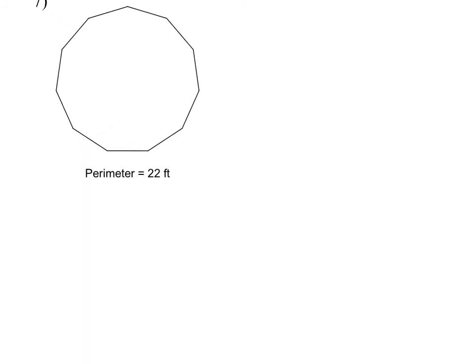Now the last one. Again, I count 1, 2, 3, 4, 5, 6, 7, 8, 9, 10, 11 sides. So each side is 2 feet, just dividing the perimeter by 11. I'm going to find my apothem right here. Let's draw it right there.